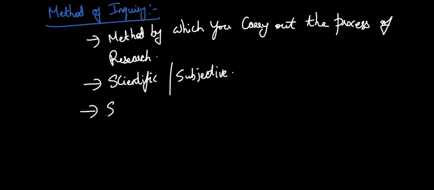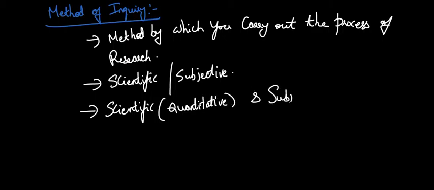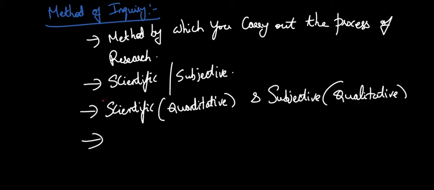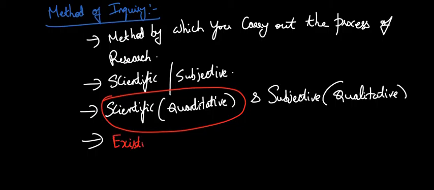A scientific method is also called a quantitative research method, and subjective methodology is called a qualitative method. Generally people prefer the scientific method for doing research, because here existing knowledge is the access starting point.